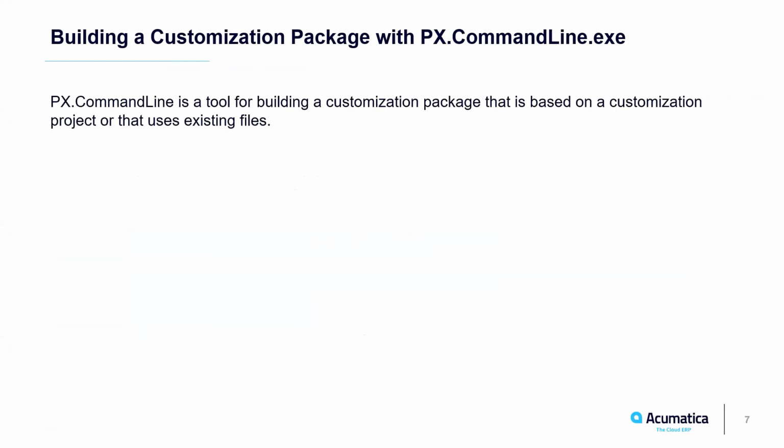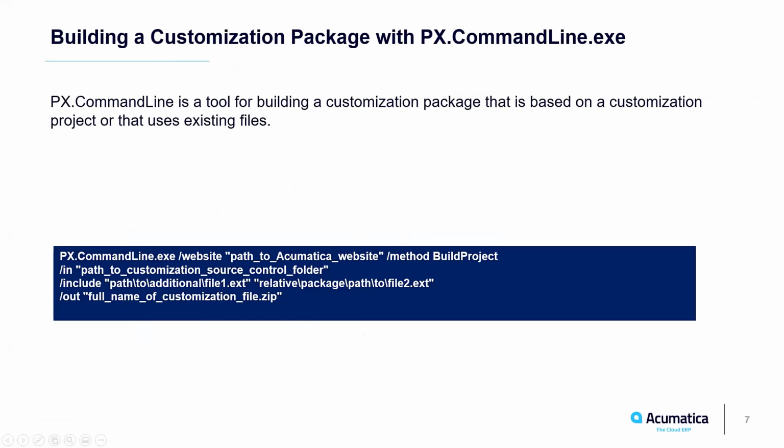The tool can be called with some needed arguments passed, like the input directory, the folder where the project is saved, as well as the output directory where you would like your customization package zip file to be placed.